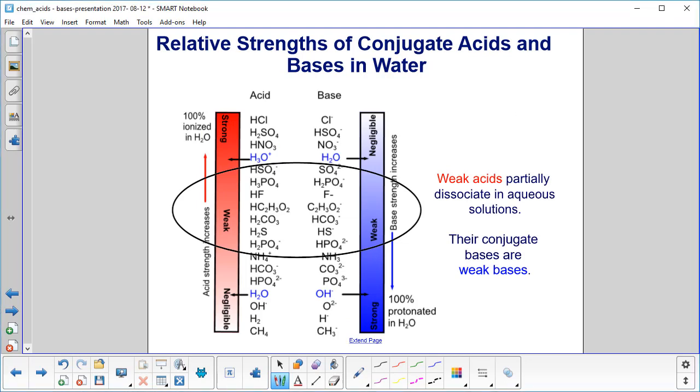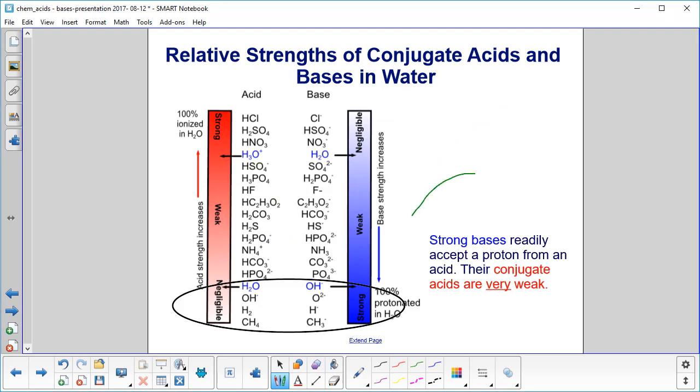In the middle of the diagram, represented by that oval, we have weak acids partially dissociating in aqueous solutions. Their conjugate bases are weak bases. Strong bases now, at the bottom of the chart here, readily accept a proton from an acid. They get protonated. Their conjugate acids, over here, are very weak.